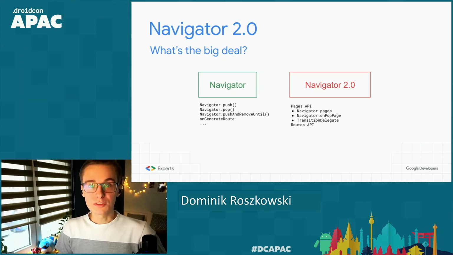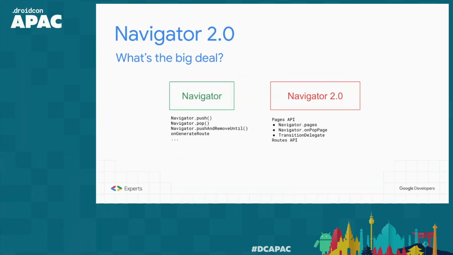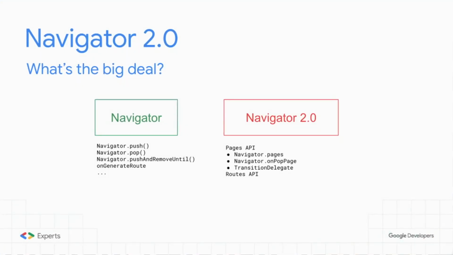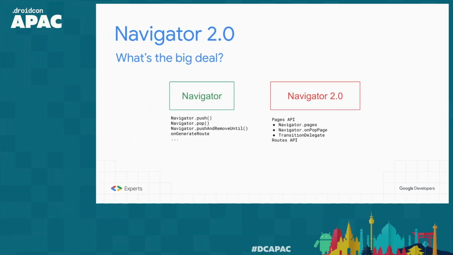And with the new Navigator 2.0, we get these two APIs. The first one is called the Page API or Pages API. The second one is called the Route or Router API. The main difference is that this new navigation should be described as declarative.